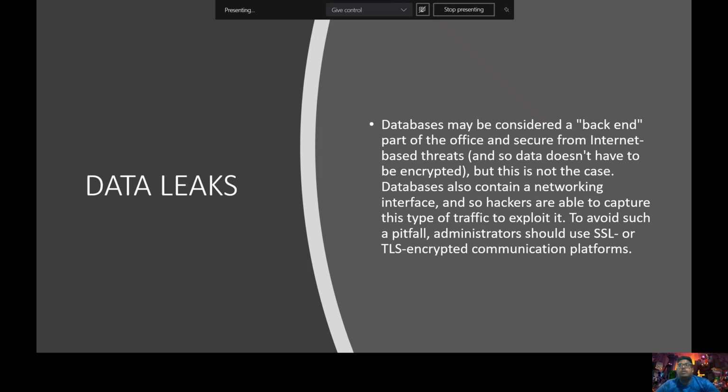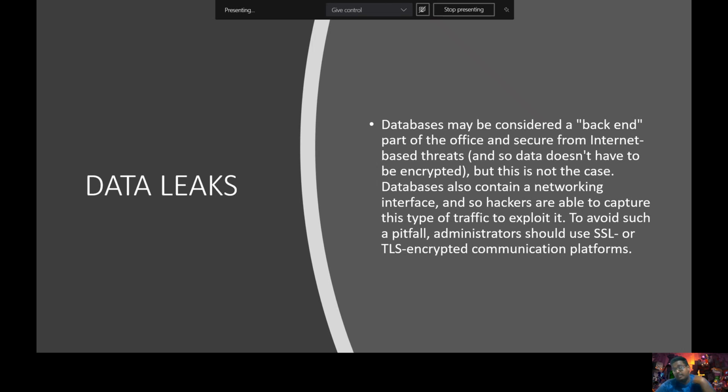Data leaks. Maybe you're sending an email to another person. I'm person A, and the person I'm sending to is person B. I have very important data with the details of important people, their account details, and all the company accounts.